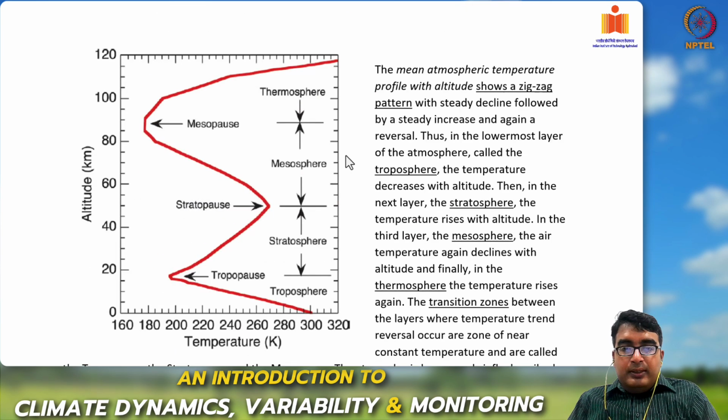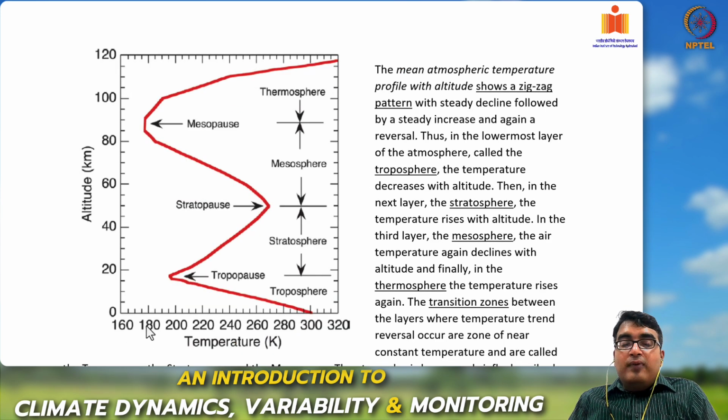So here this figure shows the mean distribution of air temperature from the surface upwards towards near the boundary of the atmosphere, where the Earth's atmosphere meets space. And this is recorded near the equatorial region. So near the equator, the surface temperature is around 300 kelvins, which is around 27 degrees centigrade.